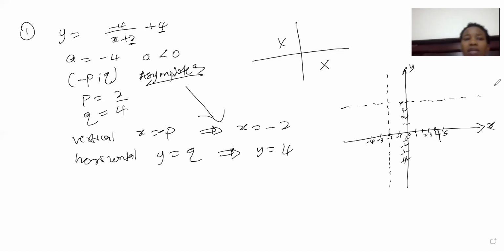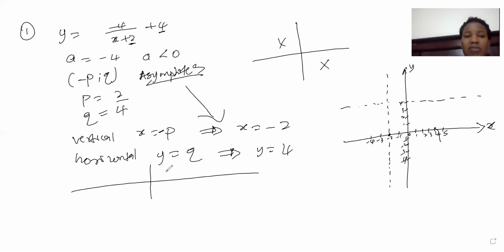Then let's get the y-intercept and the x-intercept to draw the graph. Or let's do the table method, I prefer the table method. We have 0, 1, 2, 3, minus 1, minus 2, minus 3.